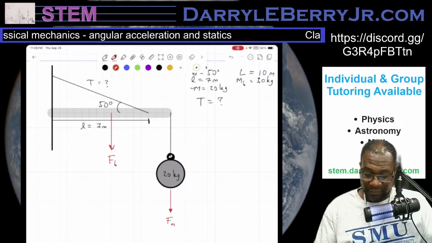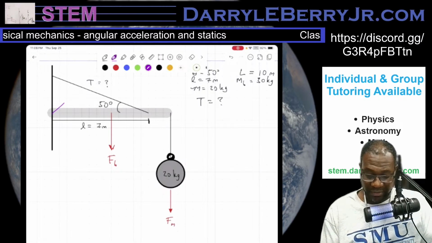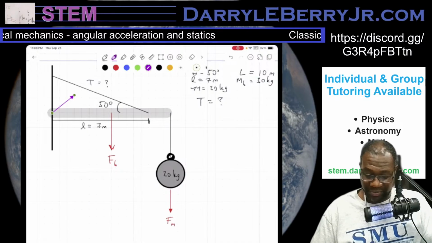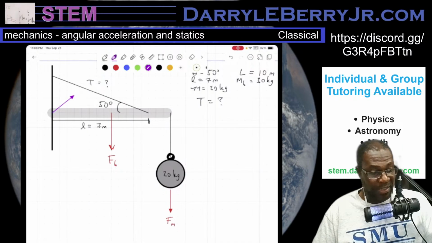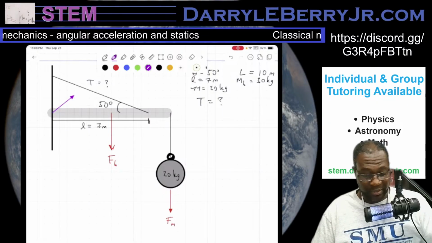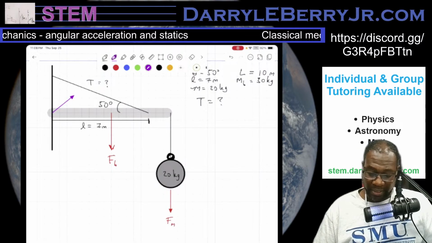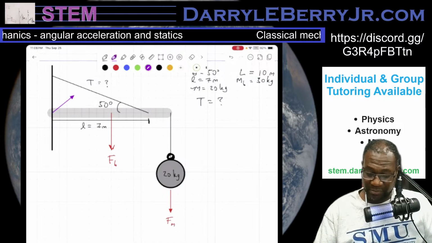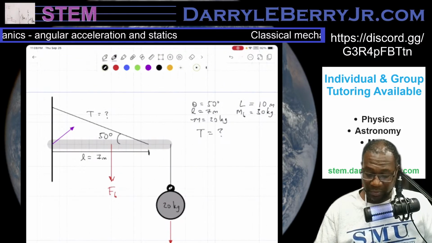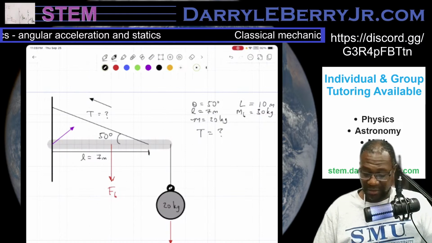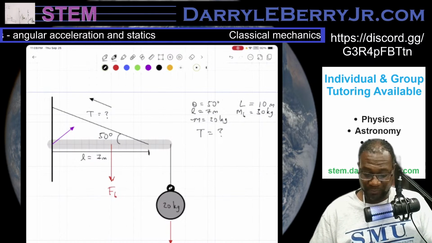We have a force from the wall here because the beam is not sliding down the wall. It's not going into the wall, not coming out the wall. So there's some force there. And there's some tension, which we want to find out what it is. But given that this is a wire, we know it's pulling, it's not pushing.